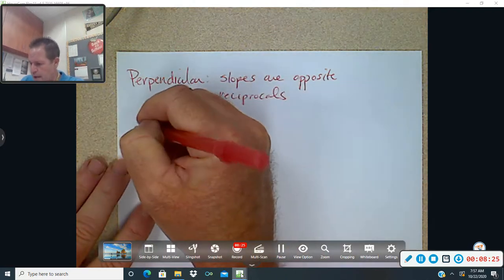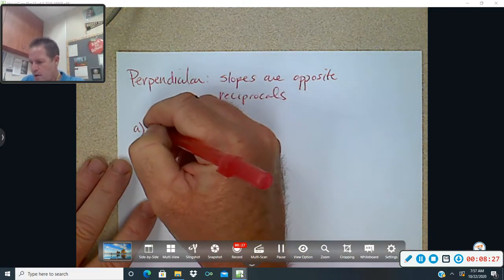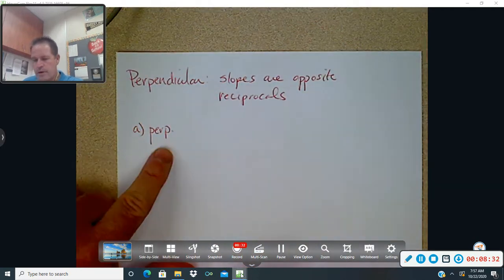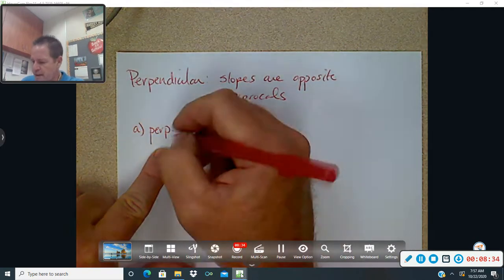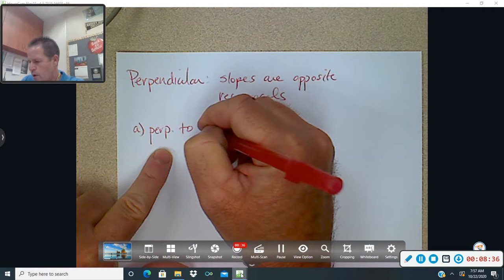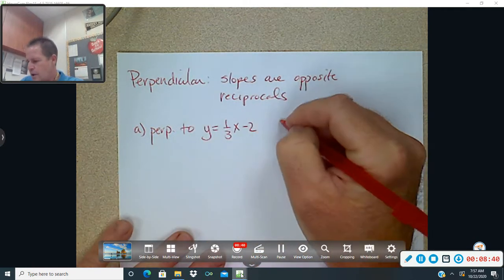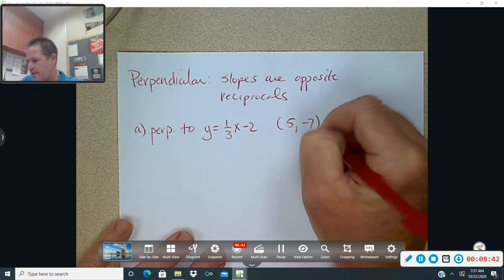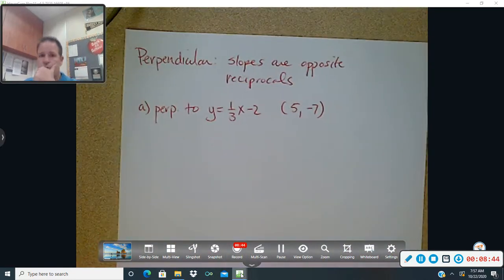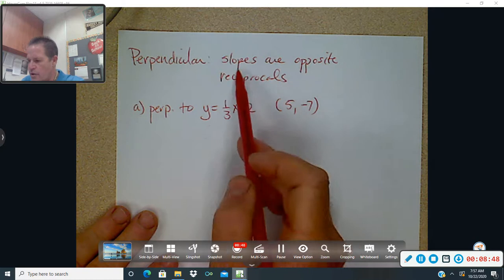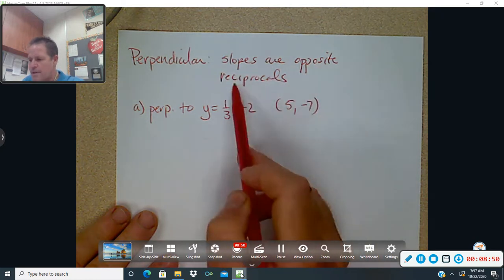So we're going to do the same thing. A couple of examples here. Let's do perpendicular. I'll just do perp for the abbreviation. Perpendicular to y equals 1/3 x minus 2, passing through 5, negative 7. Okay, well again, to be perpendicular, your slope has to be the opposite reciprocal.